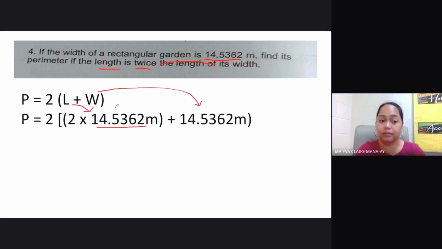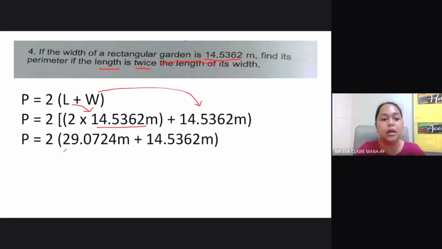Okay, now proceeding with our operations, we have perimeter equals 2 times the quantity, 2 times 14.5362 meters is equal to 29.0724 meters. Plus, we only copied the width that we have here. Okay, now we proceed with the addition of the values that we have in our parentheses. P equals 2 times 43.6086 meters.